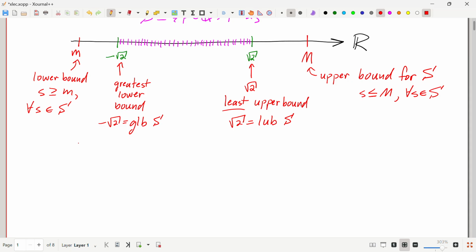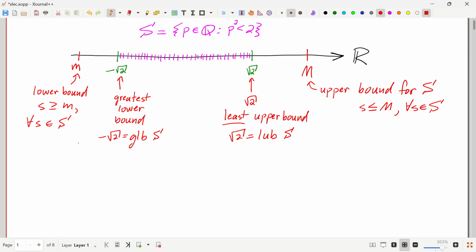But there's some other bounds I should mention. So here's some words. S bounded from above just means there exists an upper bound.